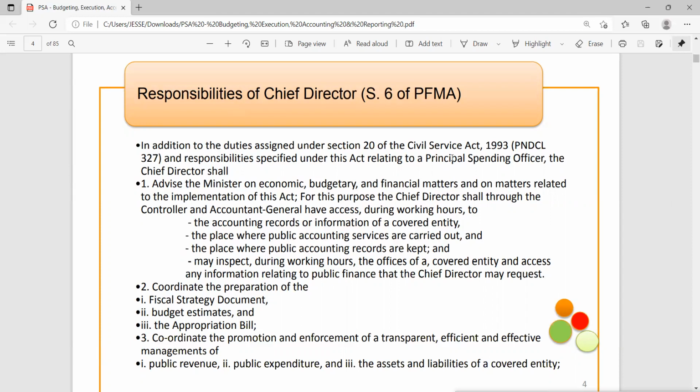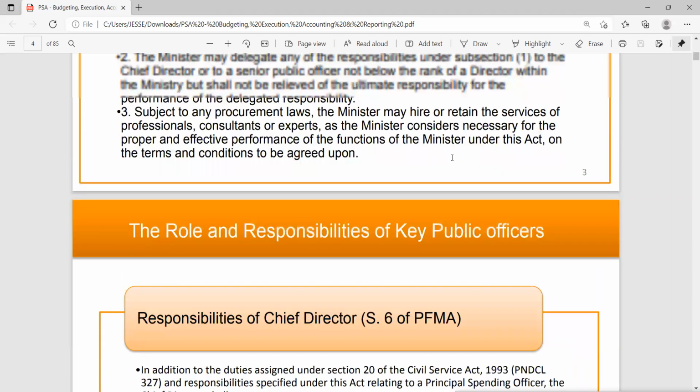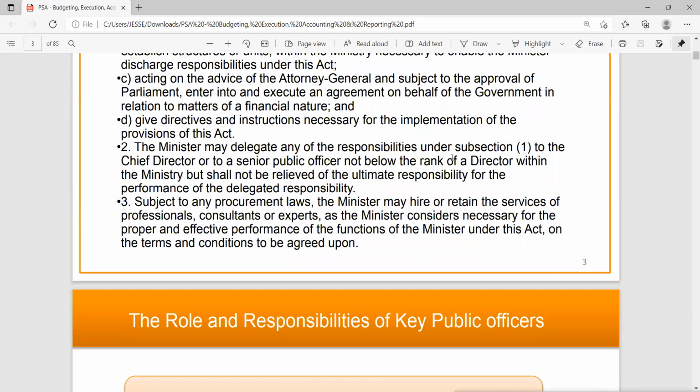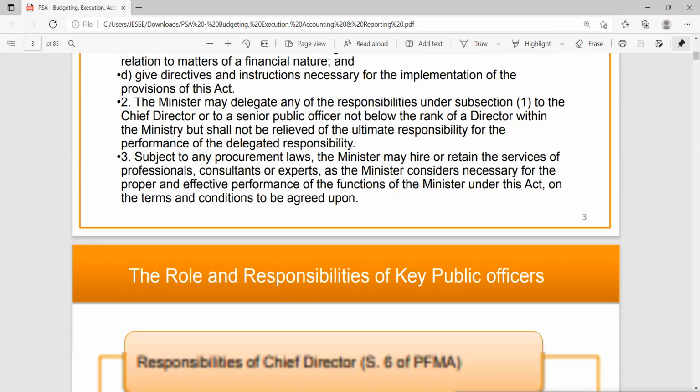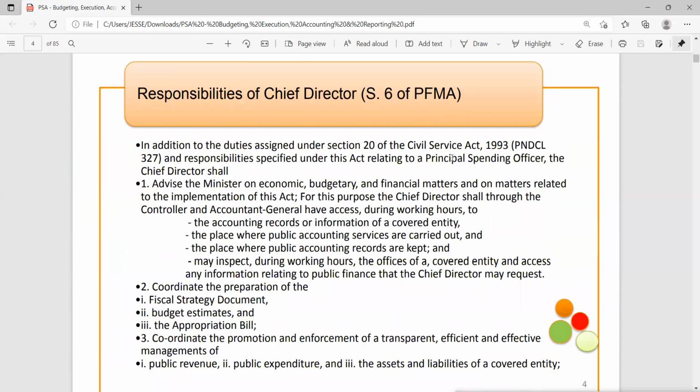Very, very important. So the chief director has an advisory role. In our previous slide, we saw that in number 2 the minister can delegate to the chief director. And we realize here that the chief director has an advisory role to advise the minister on economic matters.